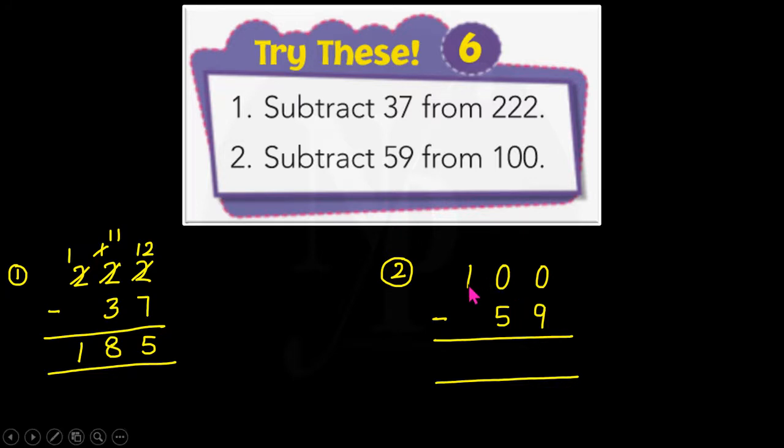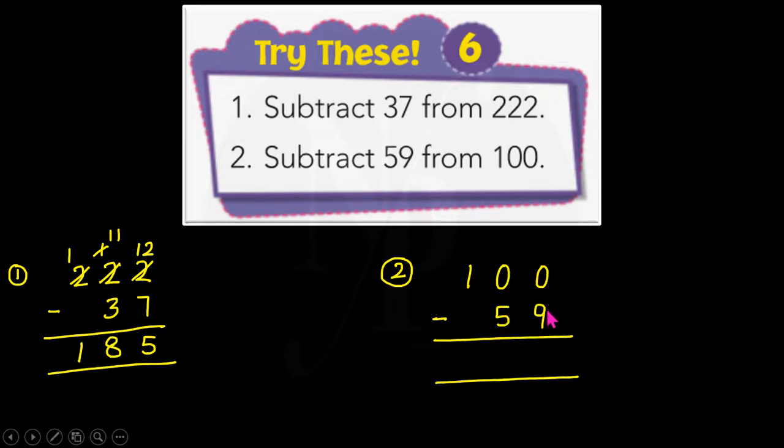Here 1 is in the hundreds place, 0 is in the tens place and another 0 is in the ones place. In the number 59, 5 is in the tens place and 9 is in the ones place. So they are written according to their place values in this place values table. Now let us subtract 59 from 100.